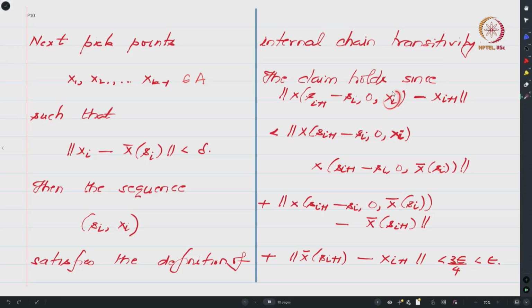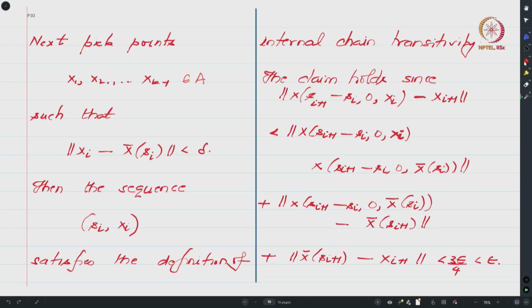So if you start at xi, and look at the value of the solution trajectory at time instance si plus 1 minus si, and look at where your next point is. So you start the solution trajectory at xi, and then you ask where will this solution trajectory be compared to xi plus 1, and you can break this distance into 3 parts. The first part will be the distance between this solution trajectory and this solution trajectory, where the difference between the two is in the initialization.